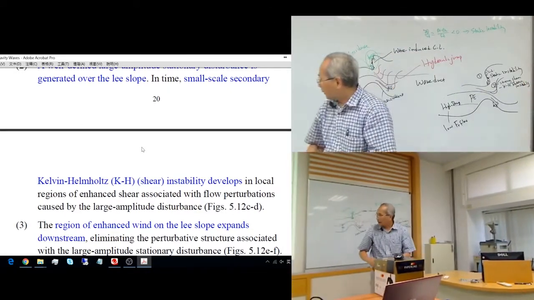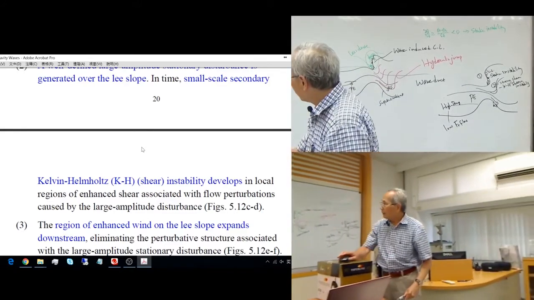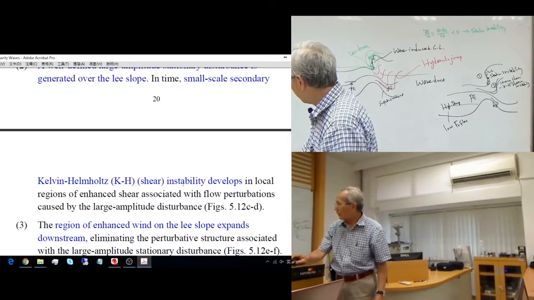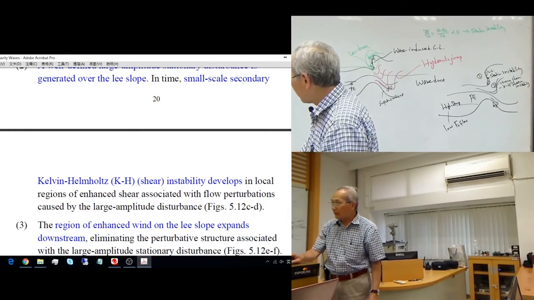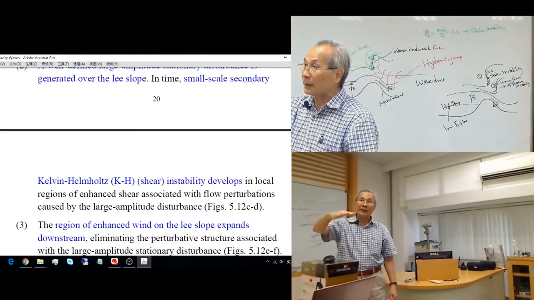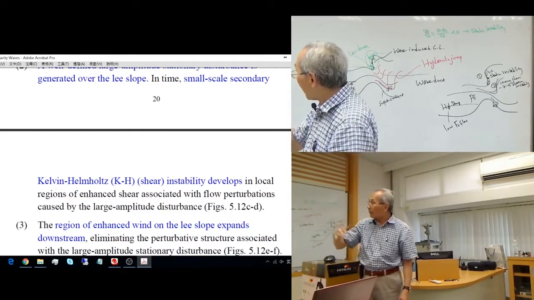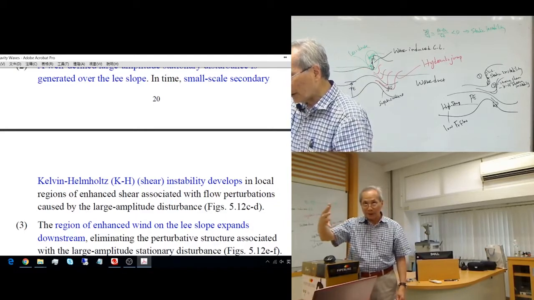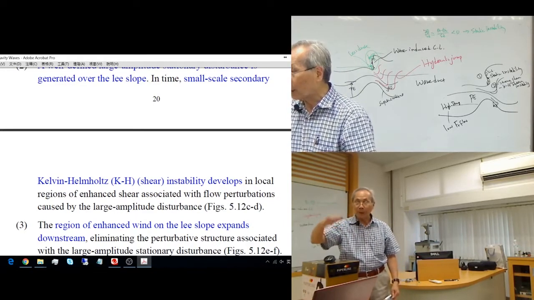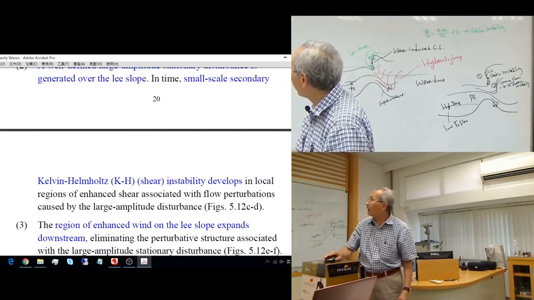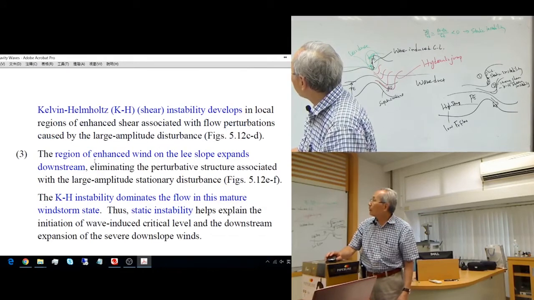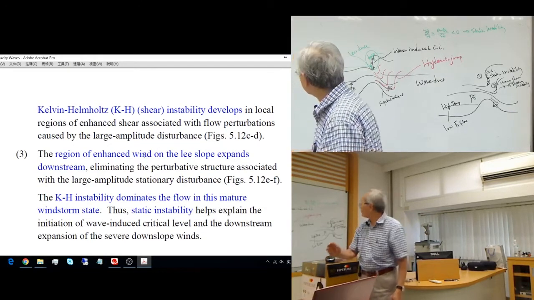And so that's the second stage: Kelvin-Helmholtz instability, shear instability developed. Normally when we say shear instability, we refer to homogeneous fluid, meaning density is constant. When shear instability occurs in a stratified fluid, like the ocean or atmosphere, then we call it KH instability.